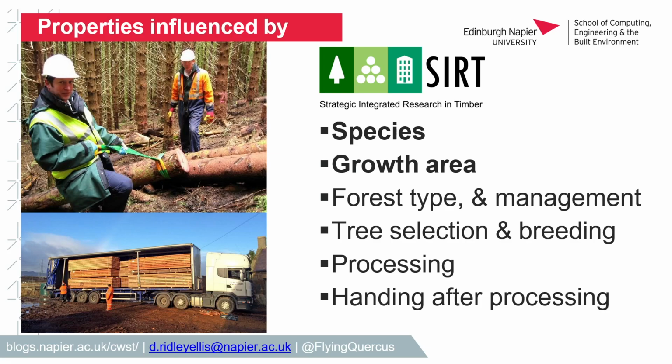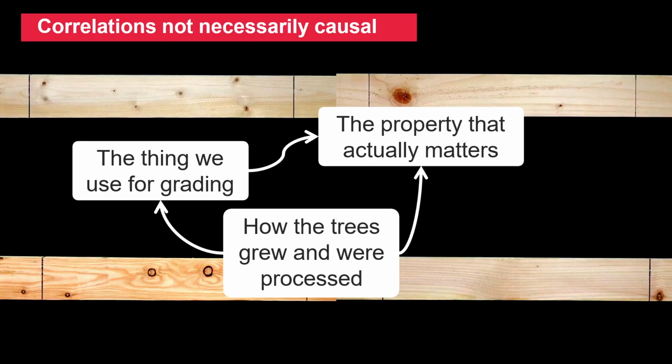The properties are influenced by species of wood, the growth area, the forest type, the management of the forest, tree selection and breeding, processing and handling after processing. All of these things have a massive influence on the final product that you buy as an engineer and build with. It's much easier to be a structural engineer designing in concrete and steel.